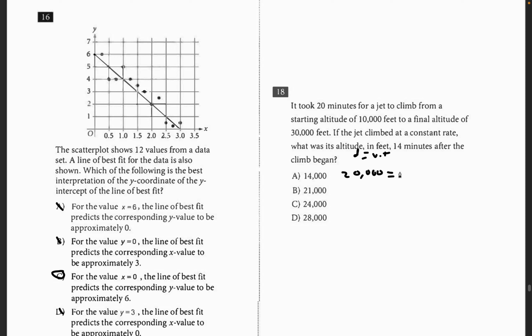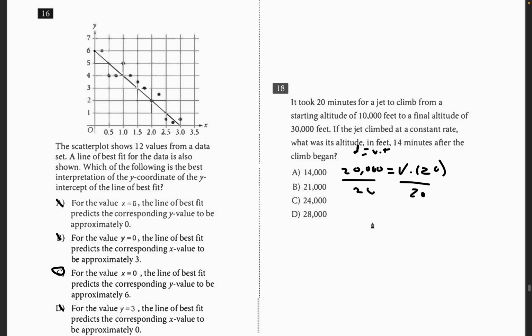And then the rate, or the velocity, we don't know, times 20. We could solve for the rate. Let's go. 20,000 divided by 20. 1,000.